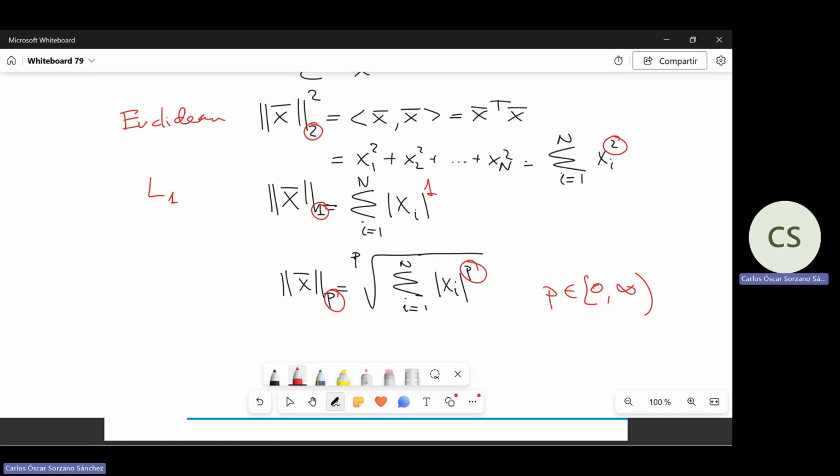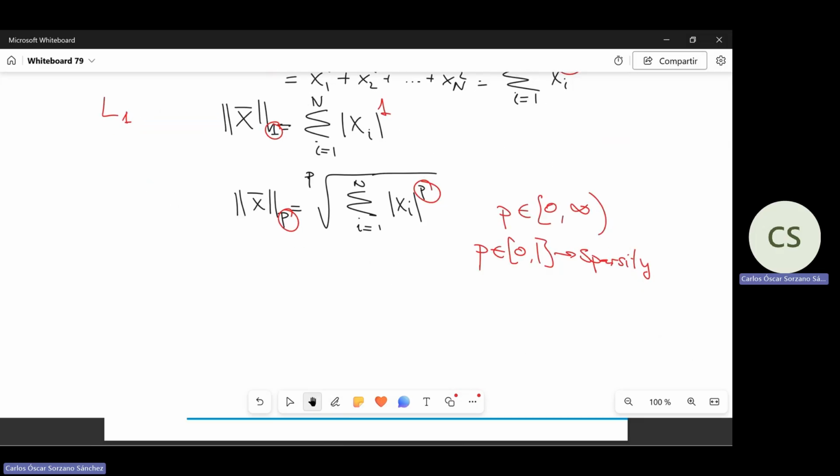And for p between 0 and 1, it tends to promote sparsity. So when you use it as a penalization in some loss function, it tends to make that x take a sparse value.